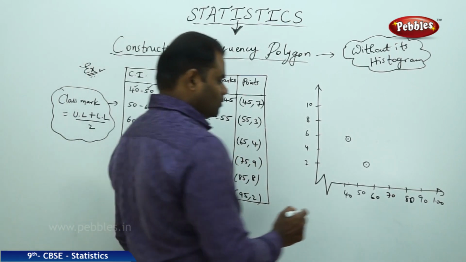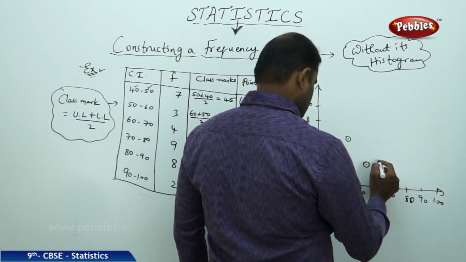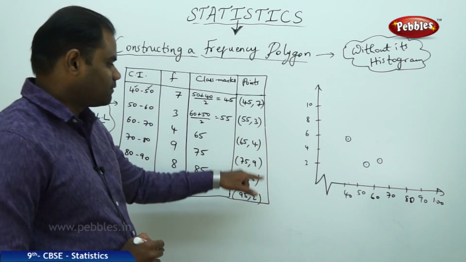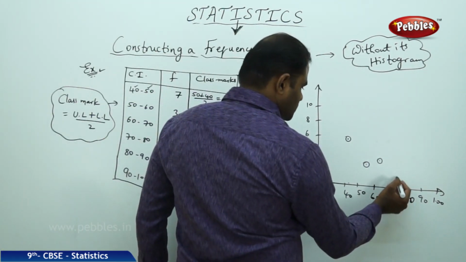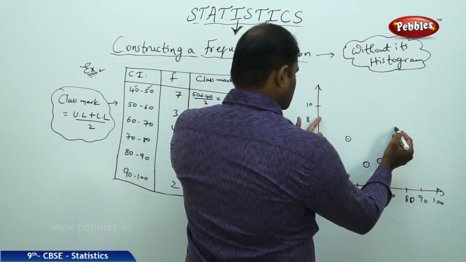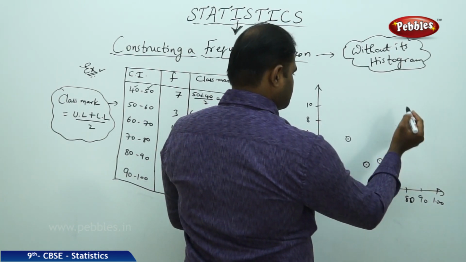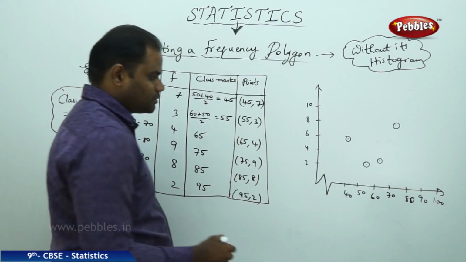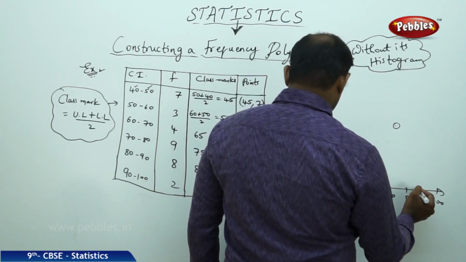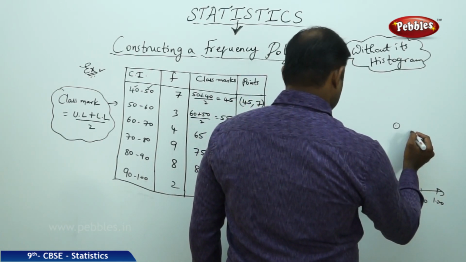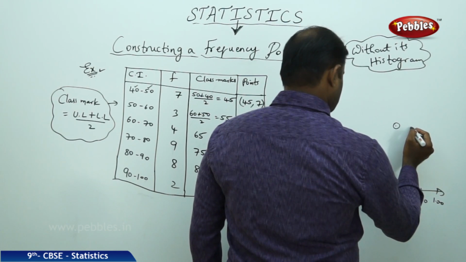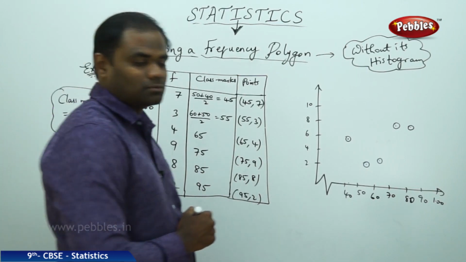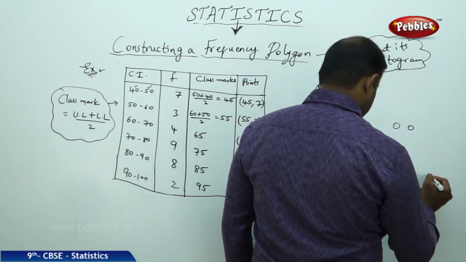Next is 65, 4, which lies somewhere here. Then 75 and 9: 75 is here and it shoots up to 9. And then I have 85 and 8, which comes approximately down here, and 95 and 2. So finally 95 here and 2.